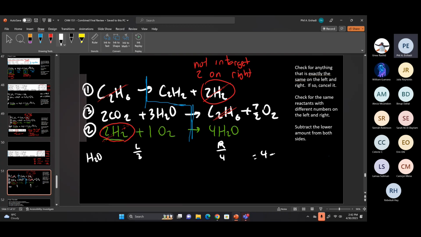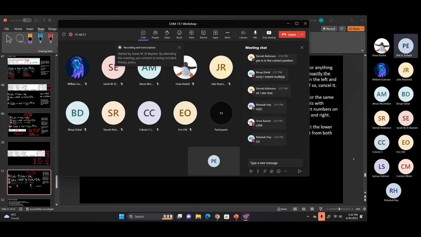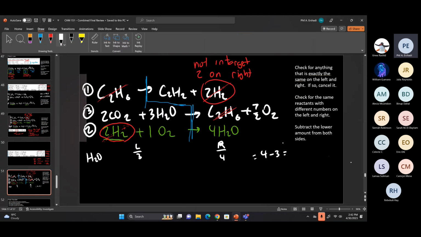And so we'll have 4 minus 3. And you see O2's on there as well. Exactly right. We'll have to do that too. So 4 minus 3 leaves 1 left. It will be on the right.